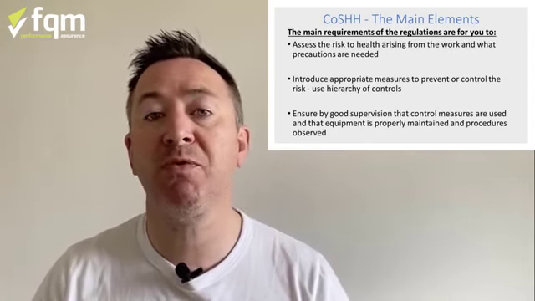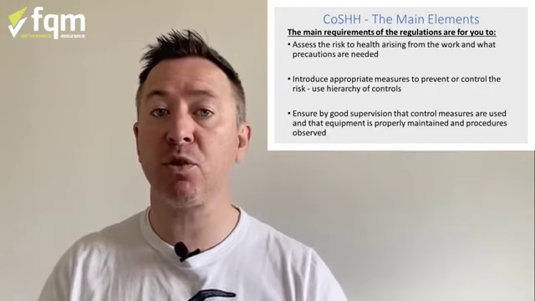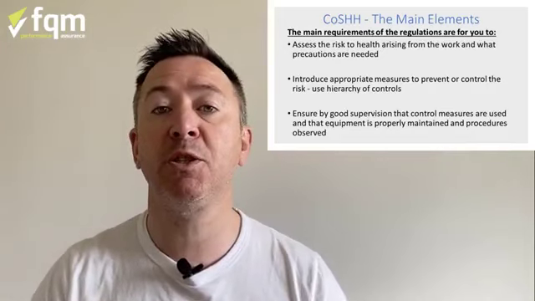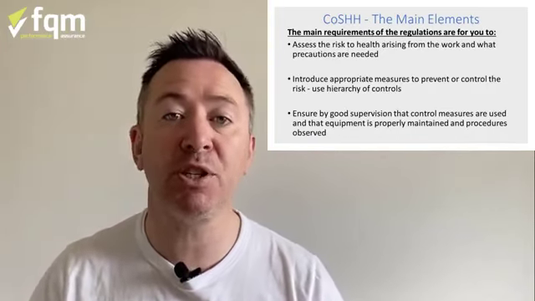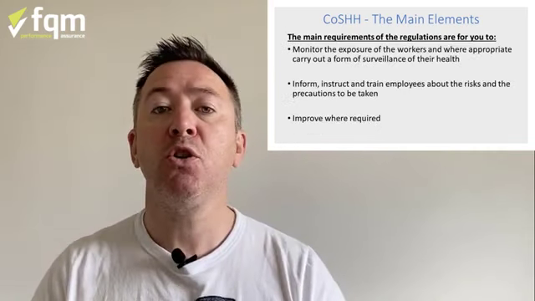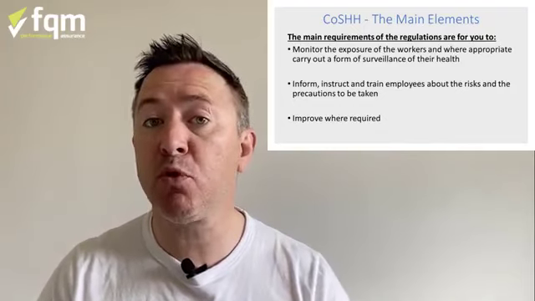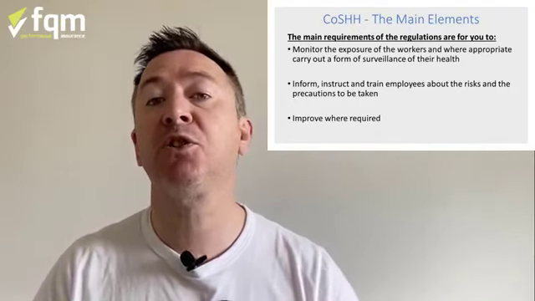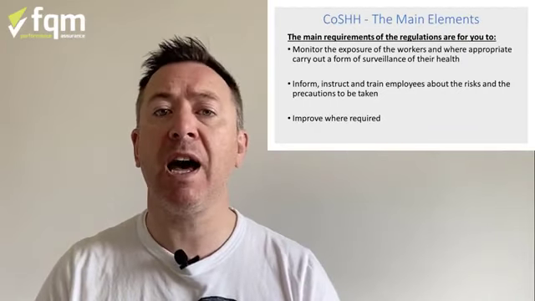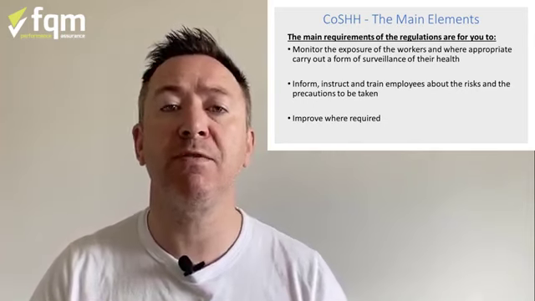Ensure by good supervision that the control measures are used effectively, and of course that appropriate equipment being used with the substances is maintained and procedures are followed. You want to monitor the exposure of your workers, and where appropriate you may have to carry out certain surveillance on their health, and this may include the use of external health advisors.